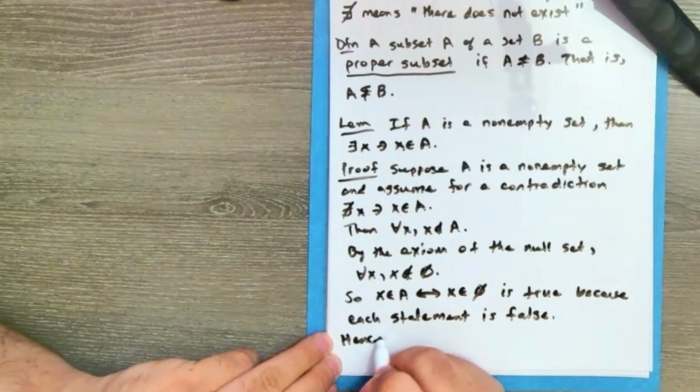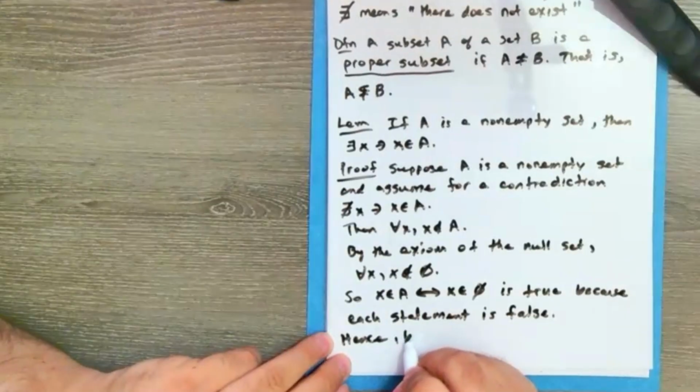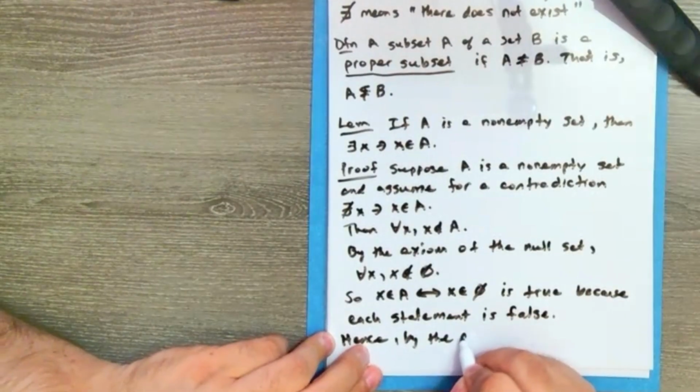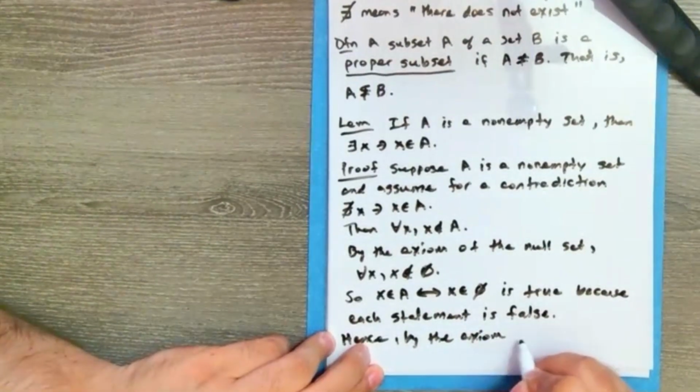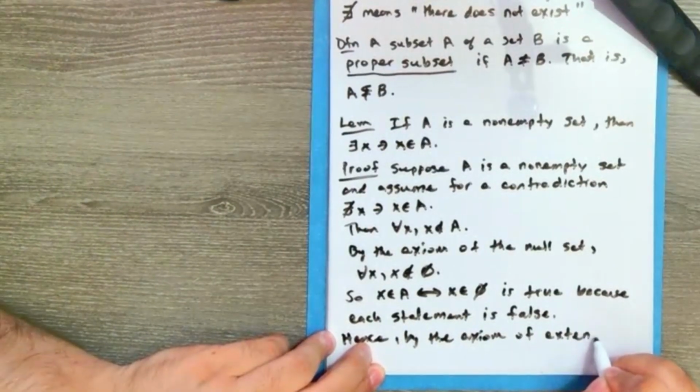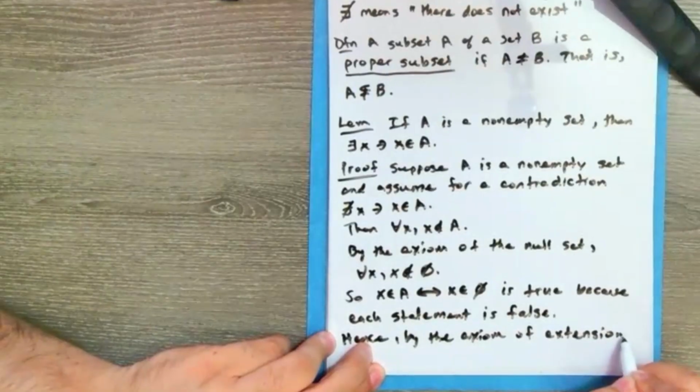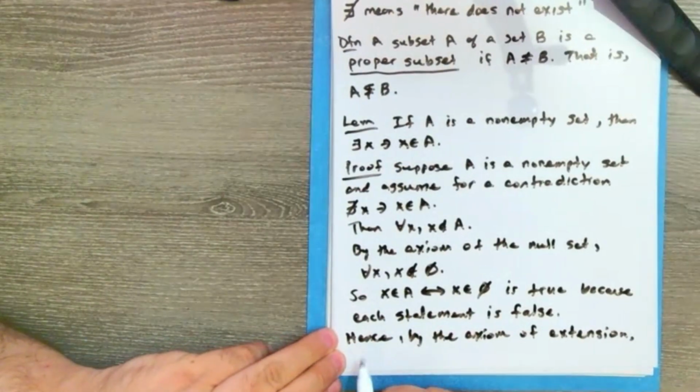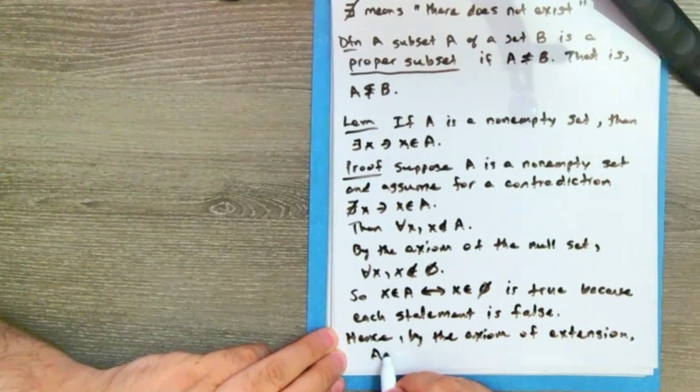And hence, by the axiom of extension, we have that the set A is equal to the empty set.